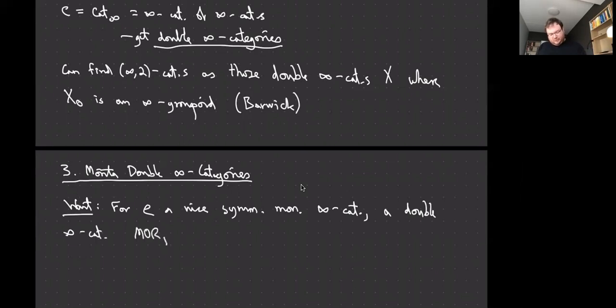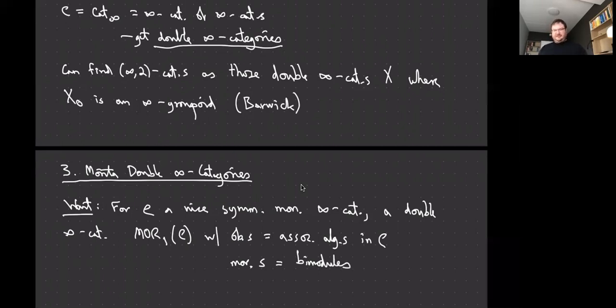I'll call it Mor1 of C, where the objects are supposed to be associative algebras in C, and morphisms are bimodules, and so on.